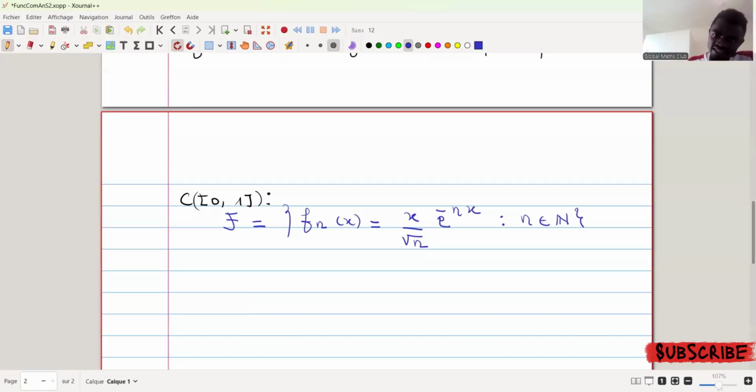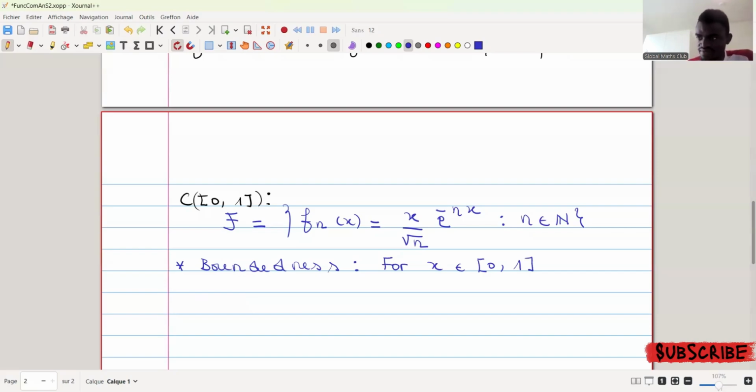You know that x is in [0, 1], so it's not useful to mention a 0. So the first thing is the boundedness. Now, it is very easy to see that it is bounded. What we know is that x is in [0, 1].